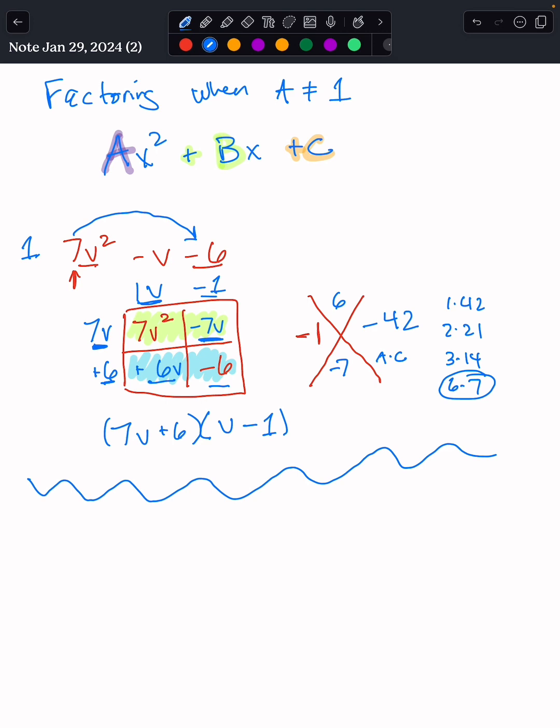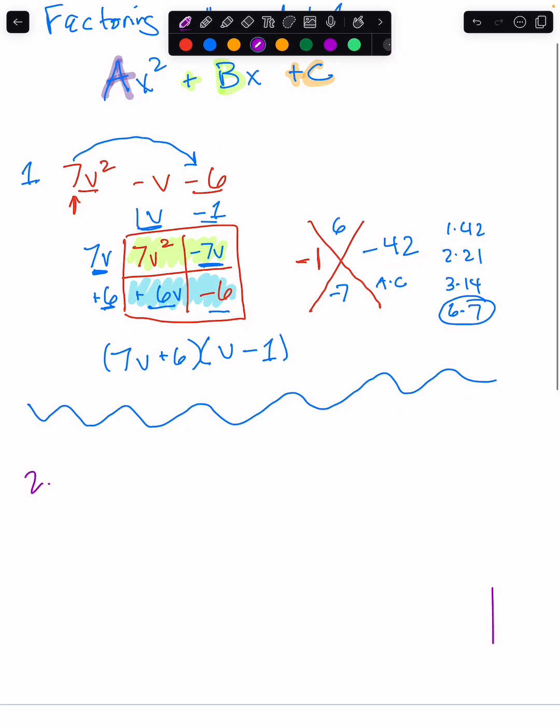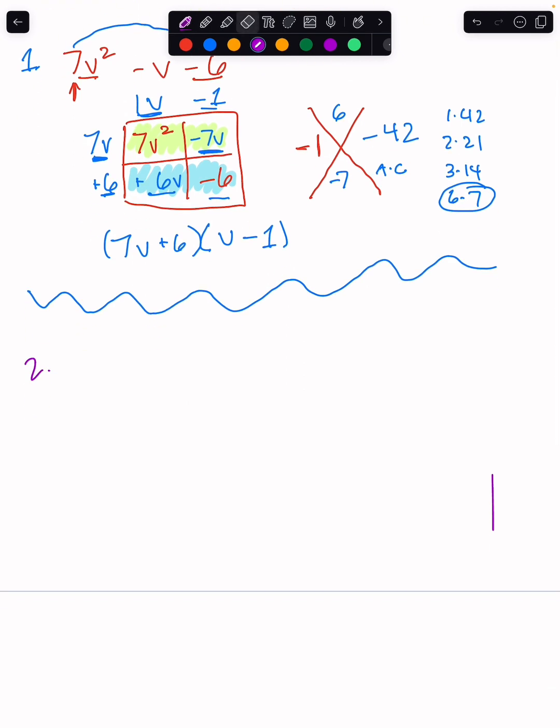Let's do another one. Number 2. Number 2 says, let's do 3n squared plus 20n minus 63.